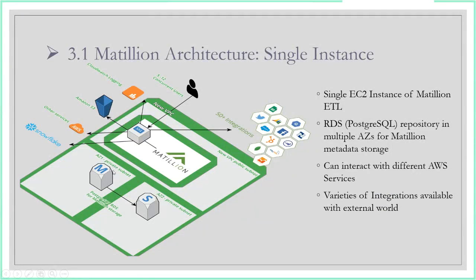So why are these two in the private subnet? We need to access Matillion from outside of our VPC, so public access needs to be there for Matillion. That's why the cloud team will come back to you saying that yes, we need to launch that application in the public subnet.